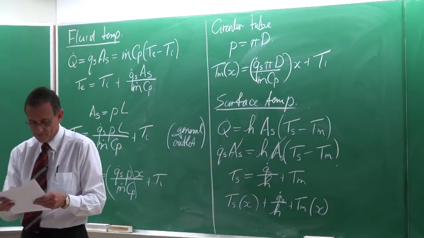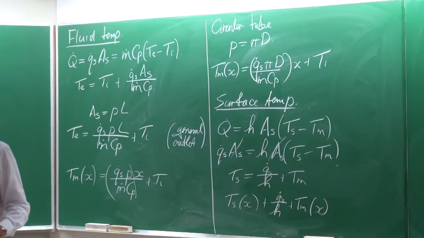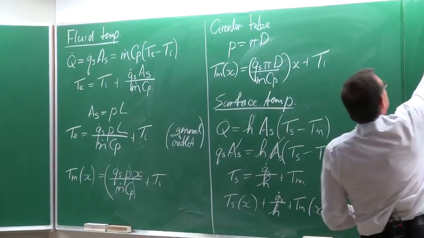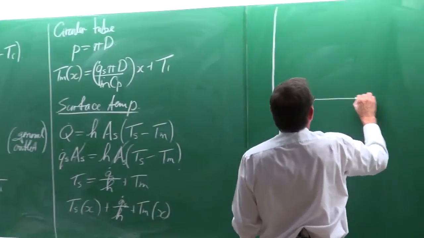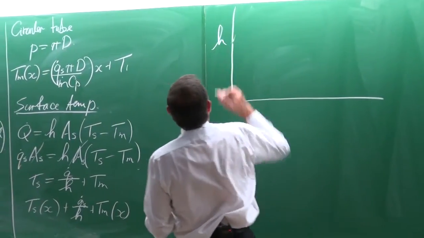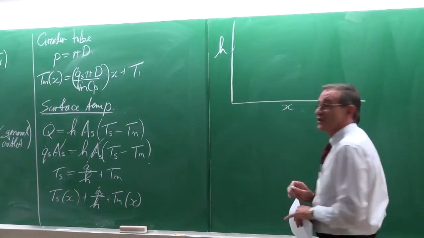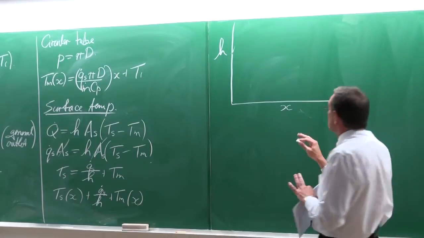Do you agree? Okay. Now, what is the complication that we always need to think of? The complication is in terms of what we've seen yesterday, in terms of how the flow develops through the tube. The heat transfer coefficient as a function of x.